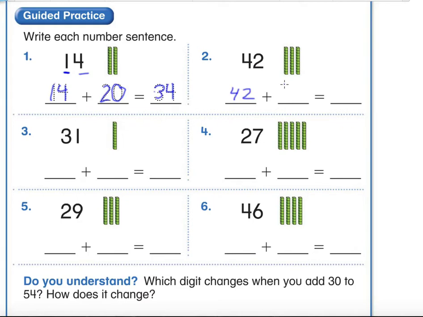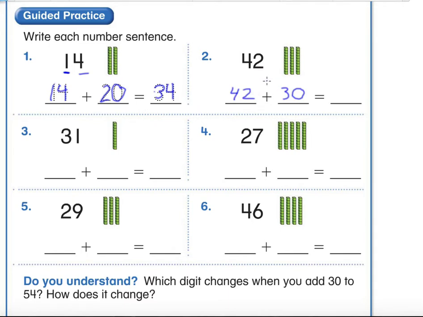And then our second number, well, we have to figure it out because he only gives 10 rods. So we can count by tens. 10, 20, 30. So we know that there's 30, so we can write that down. But we have to figure out what the total is.